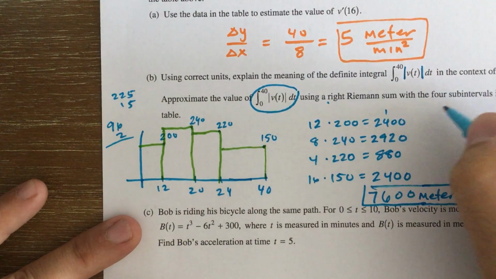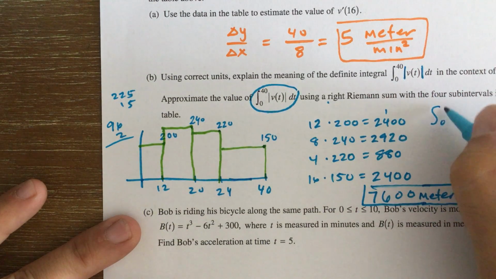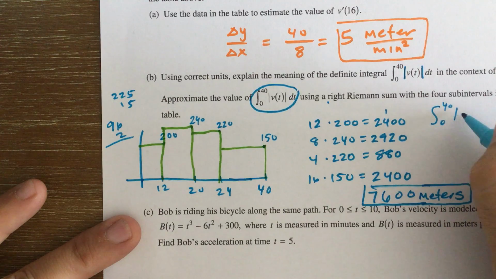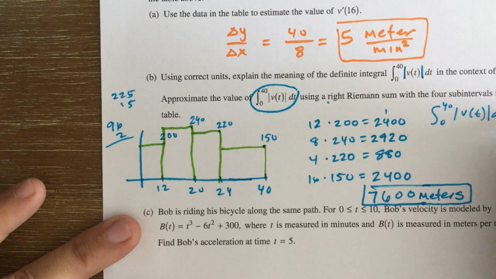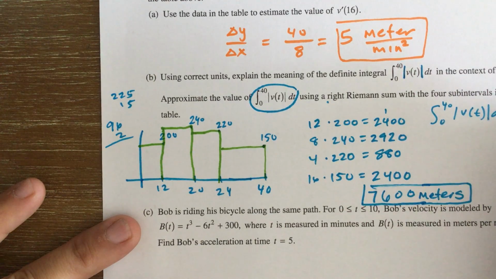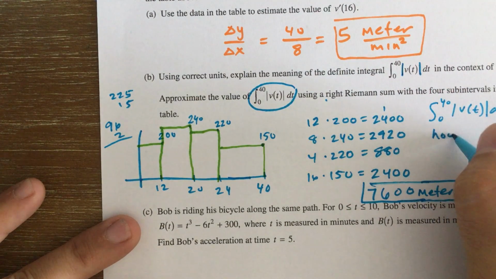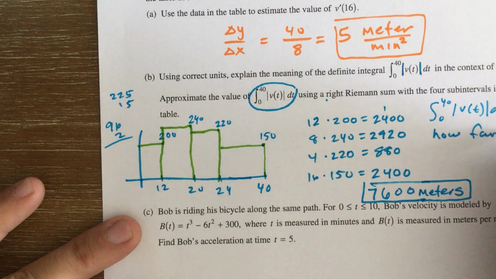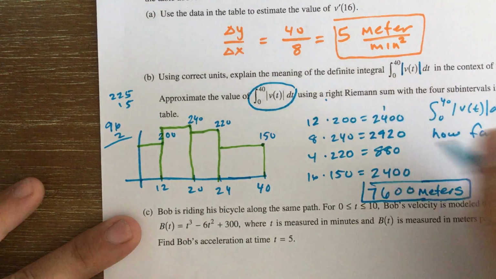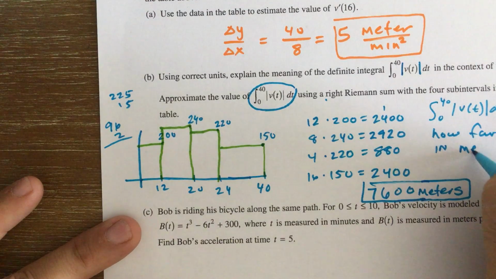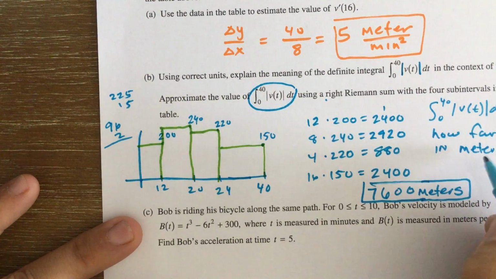And what does that thing represent? The integral from 0 to 40 of v of t dt represents how far she jogged in meters. And you have to mention the units.